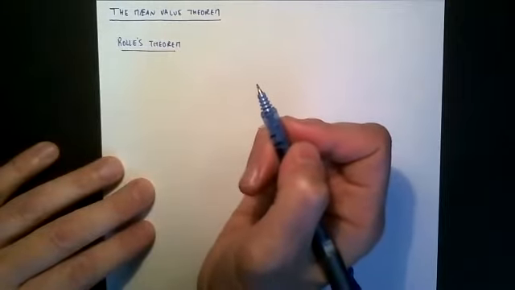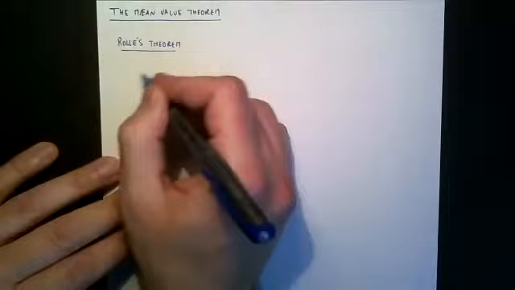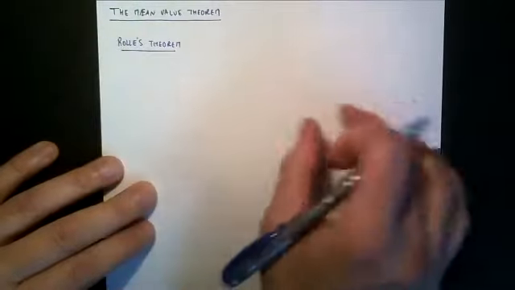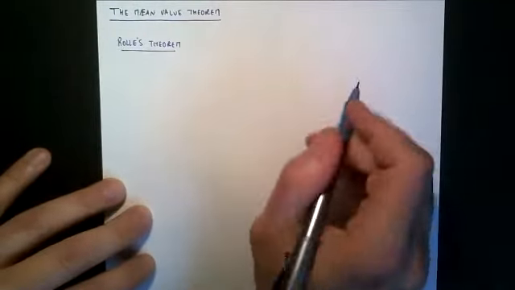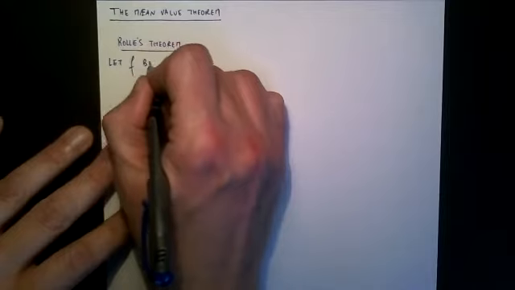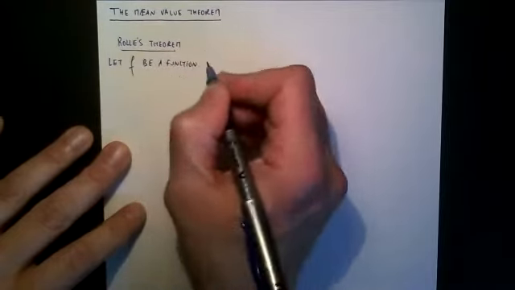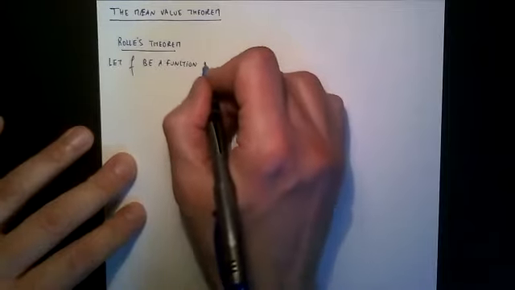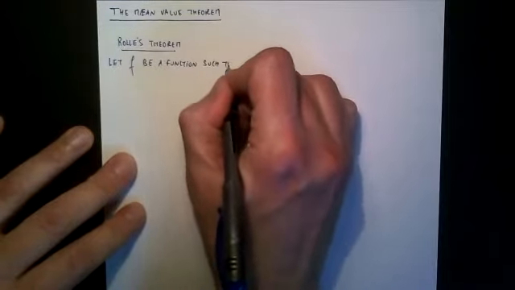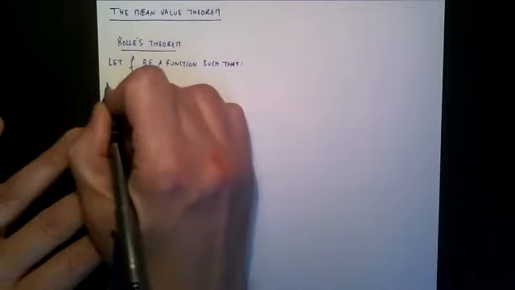Okay, so let me give you the actual theorem, and I'm going to explain it to you with a little picture. Let f be a function such that three things.